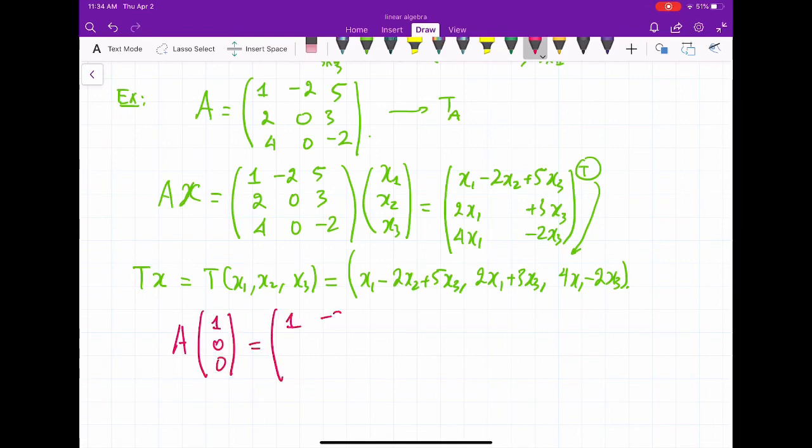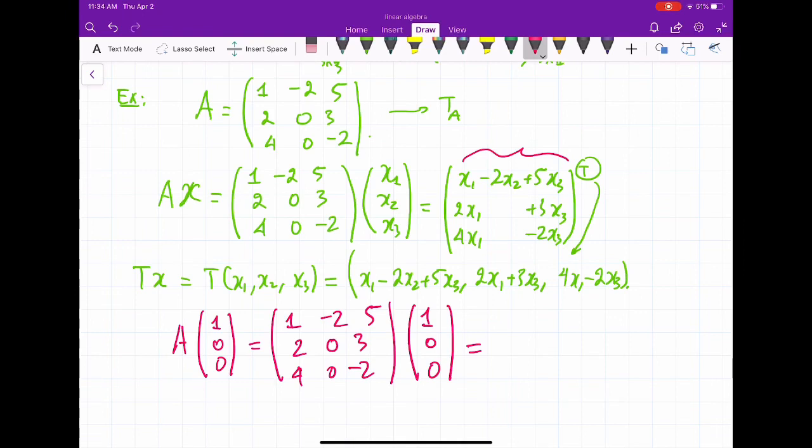Basically you just plug (1, 0, 0) into this formula, and you get the vector (1, 2, 4). What's that? That is the first column of A. You see that? That is the first column of A.